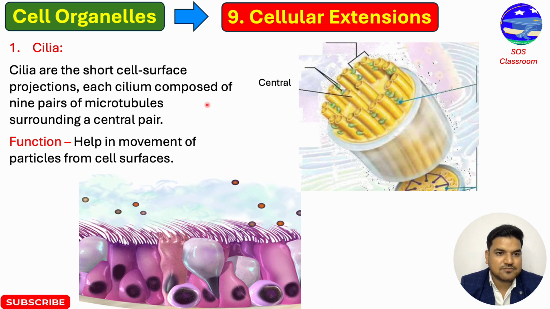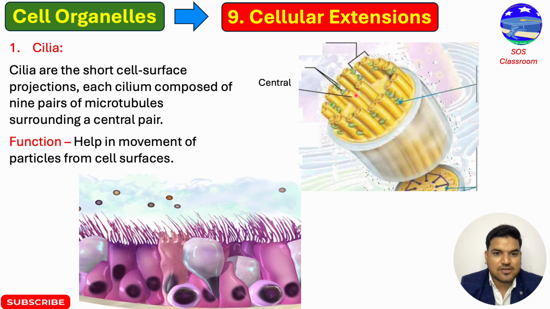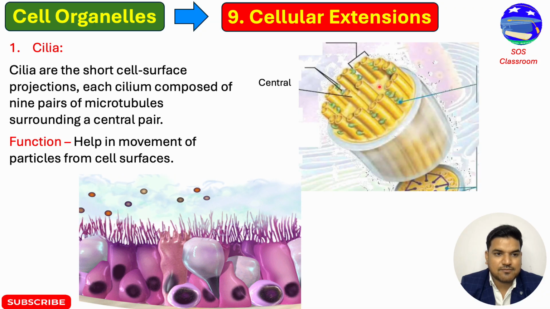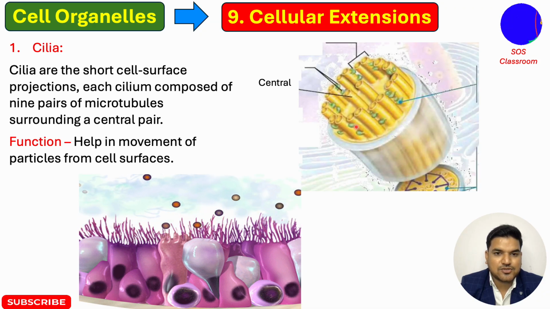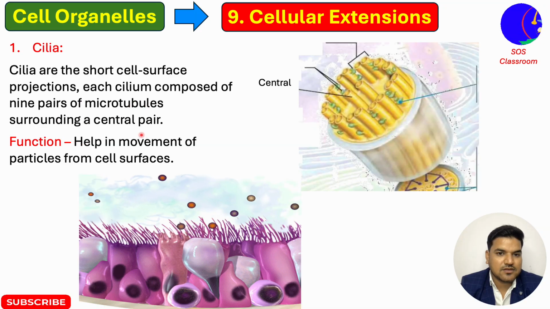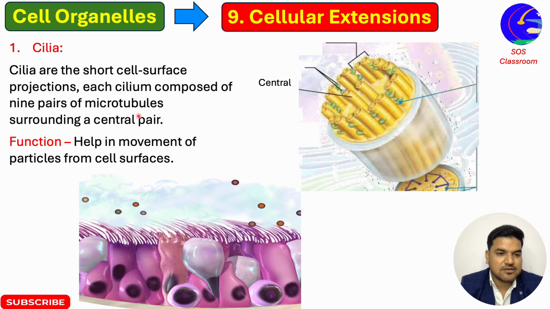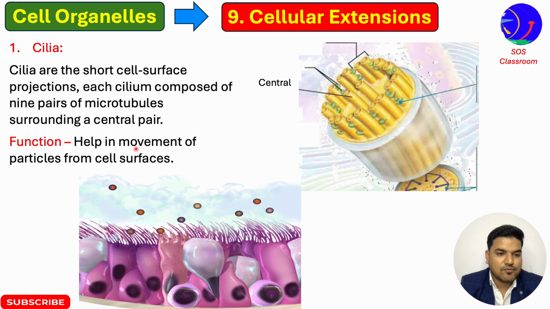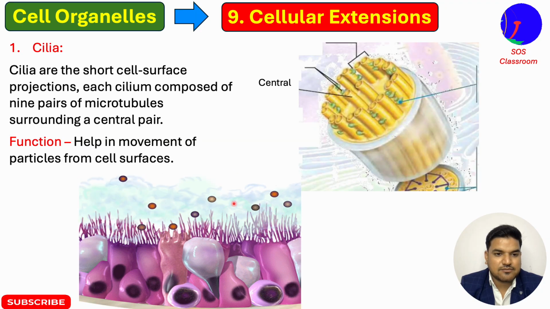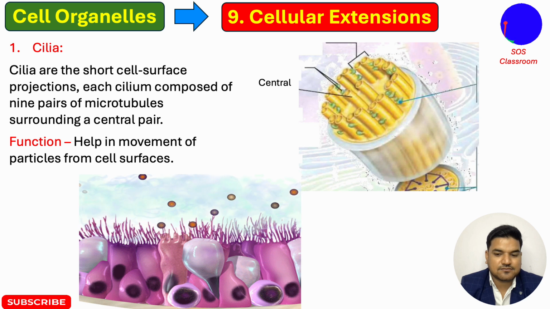They are short projections composed of 9 pairs of microtubules surrounding a central pair. The function of cilia is the movement of particles from cell surfaces, from one place to another.